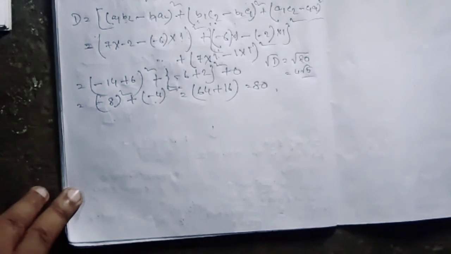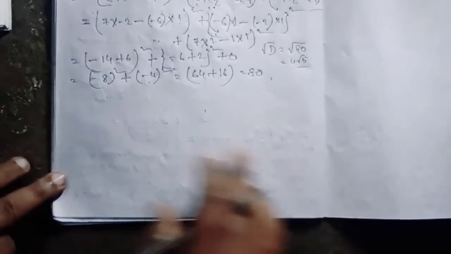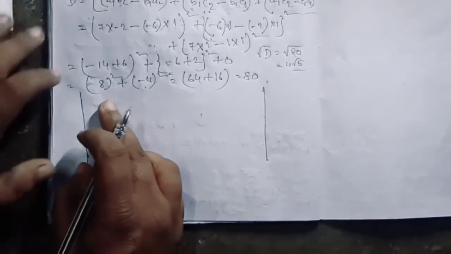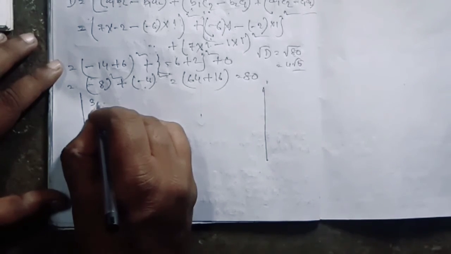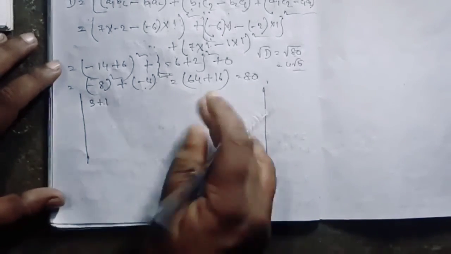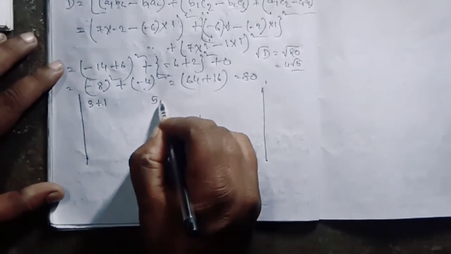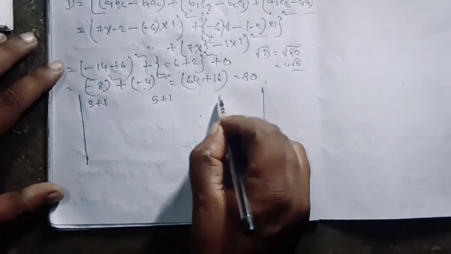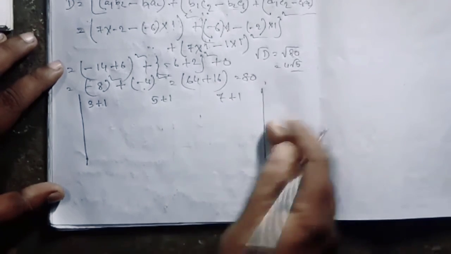Now the determinant value we have to determine. The first row is x2 minus x1, that is 3 plus 1, y2 minus y1, that is 5 plus 1, and z2 minus z1, that is 7 plus 1.